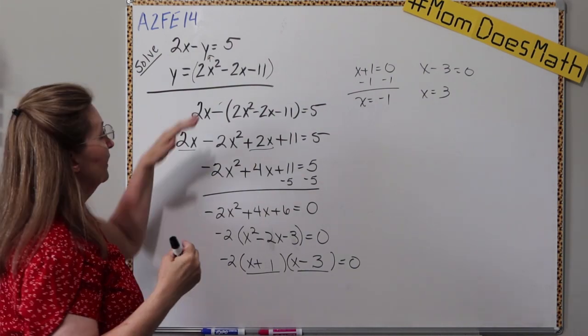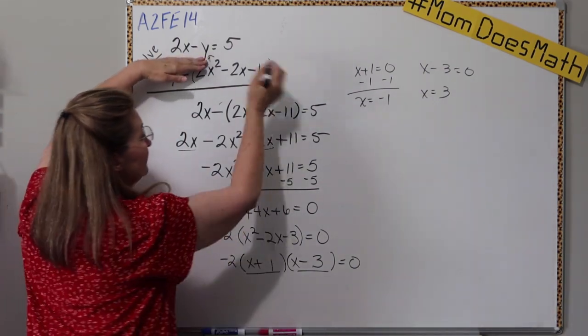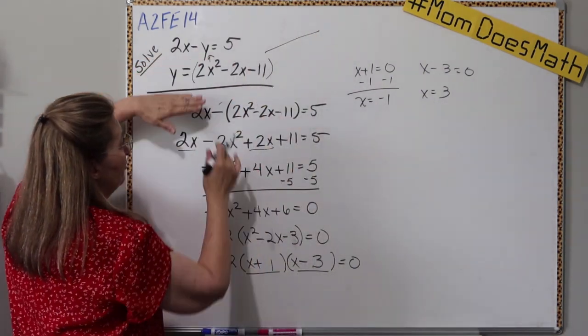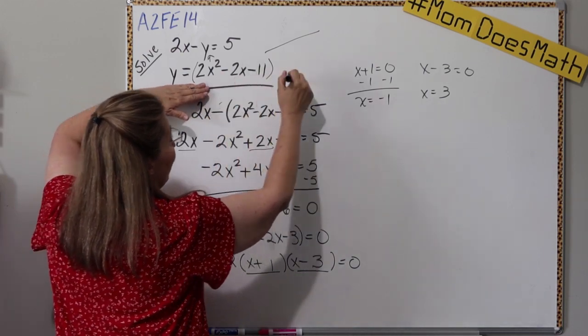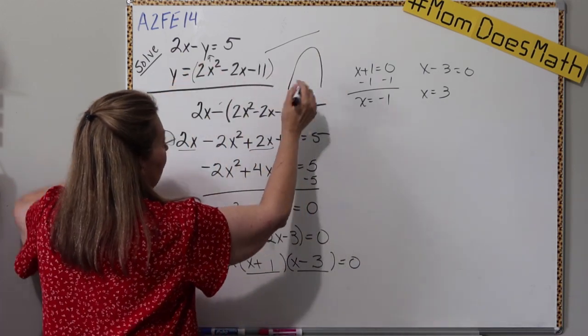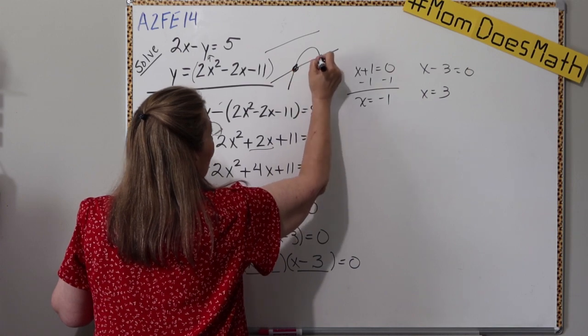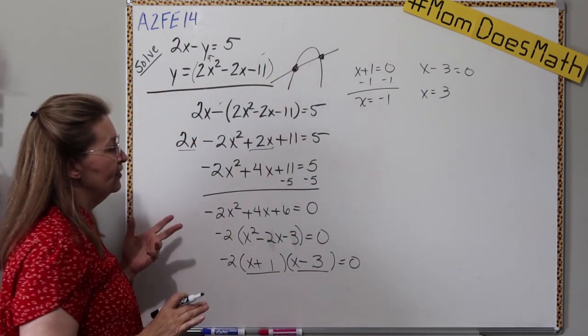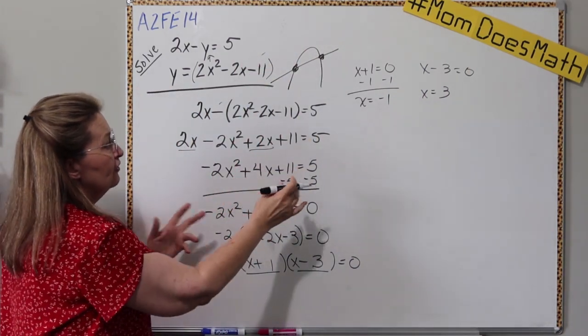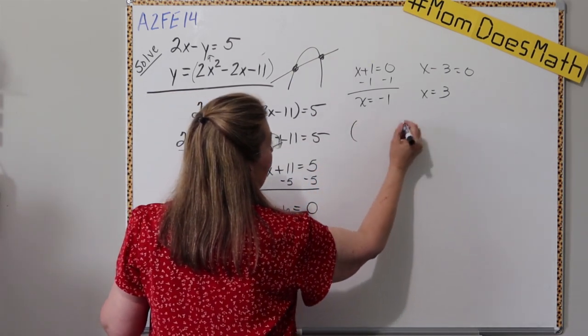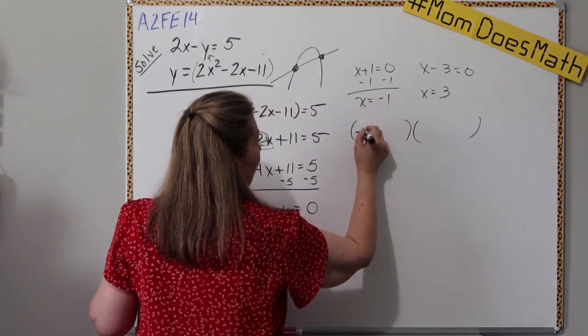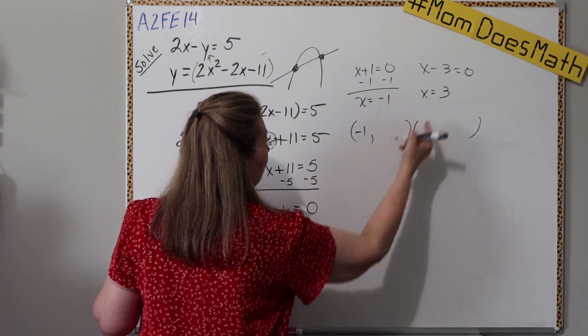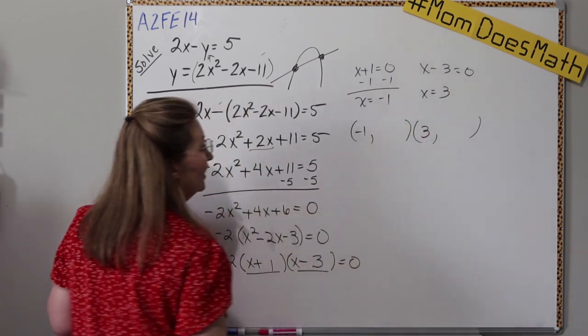And think back, this is linear, so this is a straight line on a graph. This is a parabola, and what you're looking for is the two places where these things cross. So here's the first part of each ordered pair. I'm going to have one ordered pair that has negative 1 and one ordered pair that has a 3.